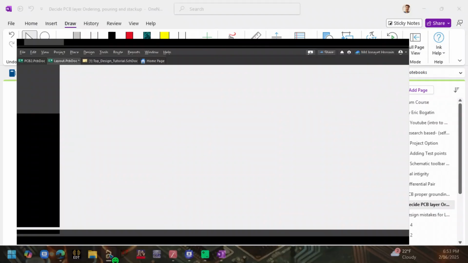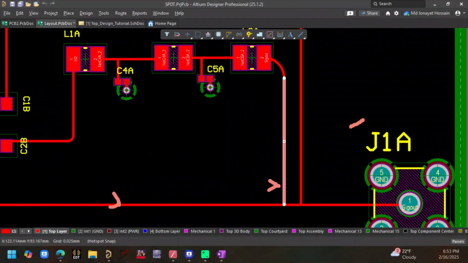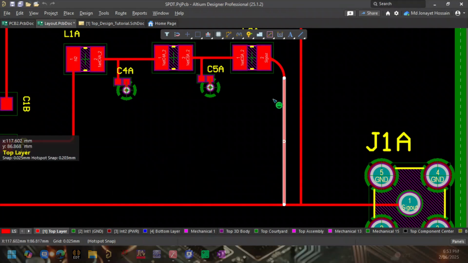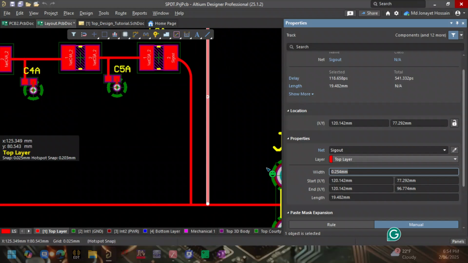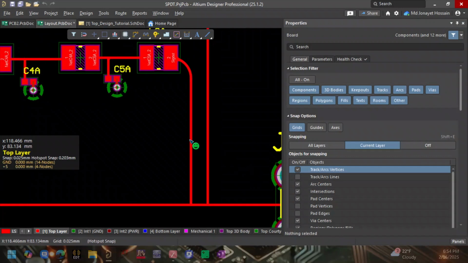That's definitely gonna create a problem, because as I'm increasing my frequency to 2 gigahertz and I'm getting 1/10 of the wavelength of 7.5 millimeter, that's definitely going to create a problem here and here, since our trace length is much bigger than 7.5 millimeter. It's like 19.482 millimeter, and that is like 11.468.